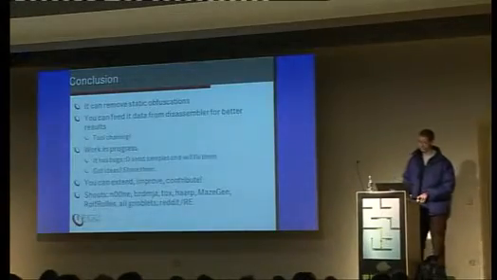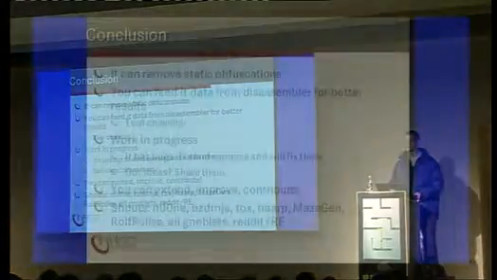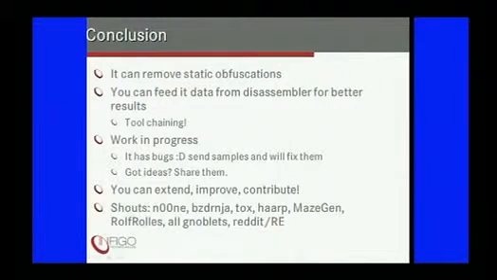So conclusions. It can remove static obfuscations pretty easily. You can feed it data from disassembler, so you get added value over the classical pure static analysis. You can tool chain this. So you have a disassembler or code instrumentation framework you normally use.